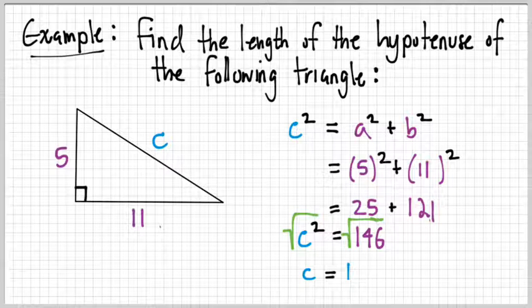You can plug it into your calculator and round it. We don't have any instructions about rounding, but often your textbooks will tell you what to round to. In that case you can plug it into your calculator and round as required, which is what we'll do here. It's about 12.08, so close to 12, which makes sense because 146 is close to 144.